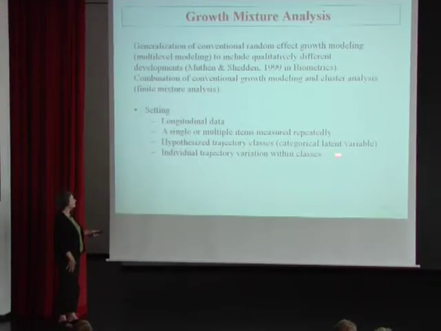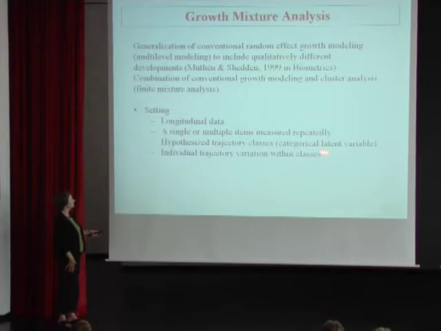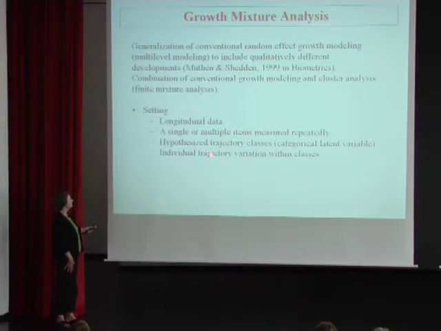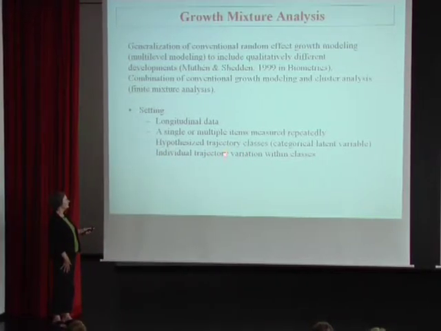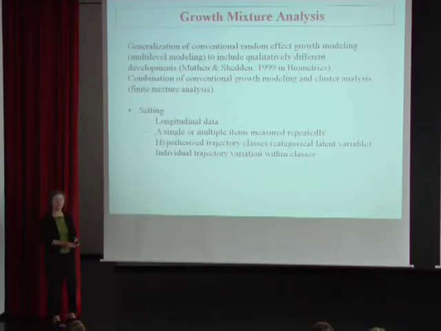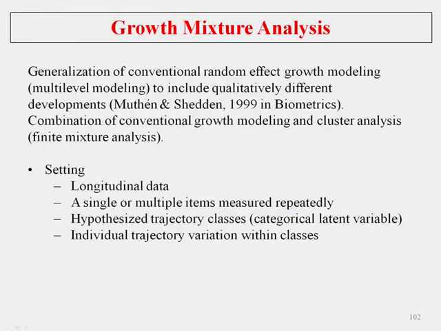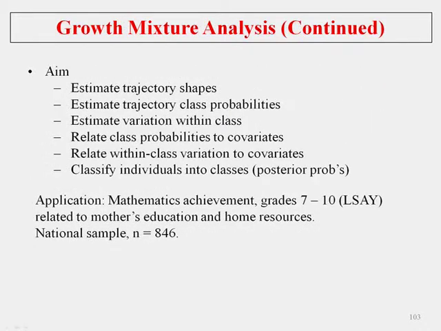But what's new here when we go from LCGA to GMM is that the individual trajectories are going to have variability within the classes. So that's the difference. And that difference results in slightly different aims.